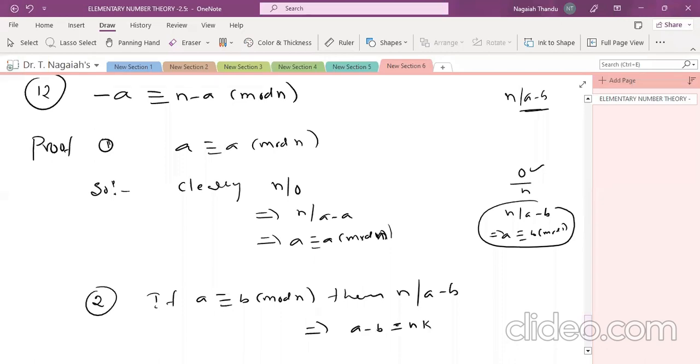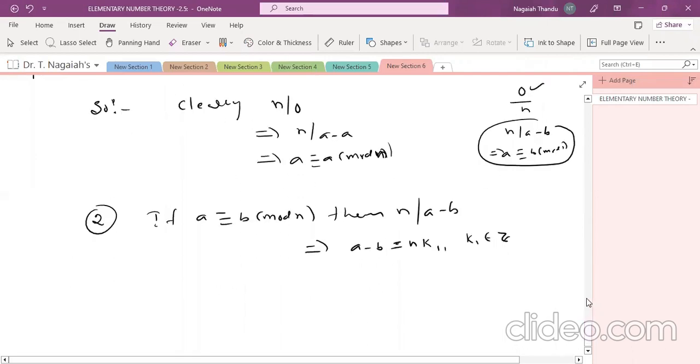Suppose k1, where k1 belongs to Z. A minus B is equal to nk1, where k1 belongs to Z. And the other condition is B congruent to A.